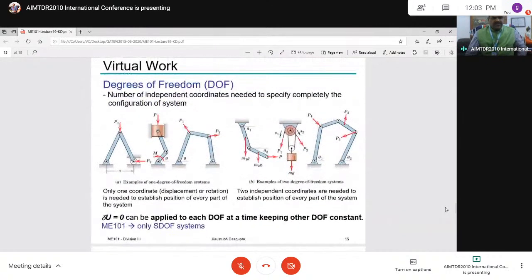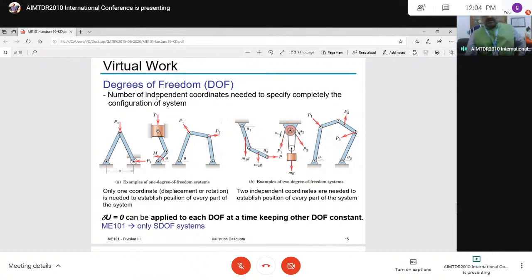And again, this is very, very important: the degrees of freedom of the system. Example of 1 degree of freedom here, like a 4-bar mechanism, IC engine mechanism, which is also a 4-bar: cylinder, crankshaft, connecting rod, piston. This is fixed and this is fixed. 1, 2, 3, fixed link, 4. Any of these we can consider. See, this is one coordinate.